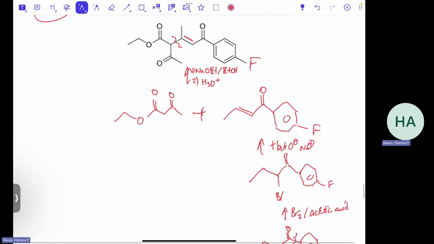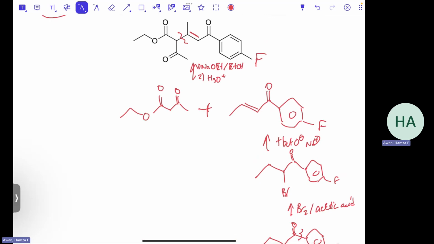And now from the left side, this is our Michael donor. In this one, we can cleave this as if it was going under Claisen condensation. Not intermolecular Williamson, Claisen condensation.